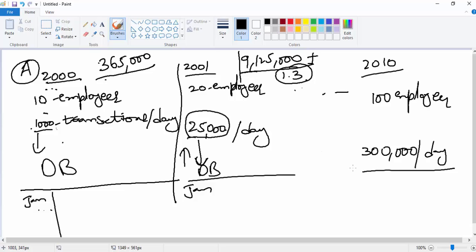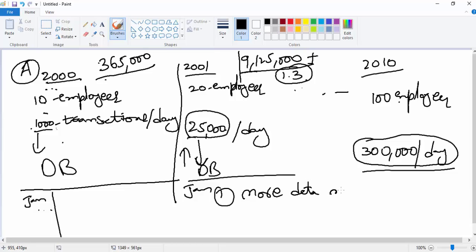As the years passed, my company has grown and my transactions also increased. As my transactions increased, any query against the data is going to take a lot of time. That's one reason: more data, more time.